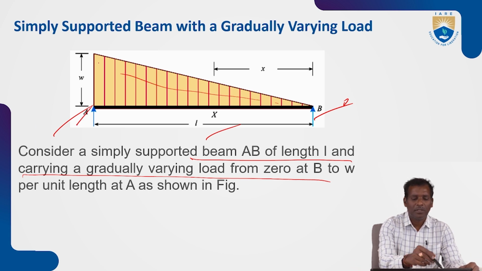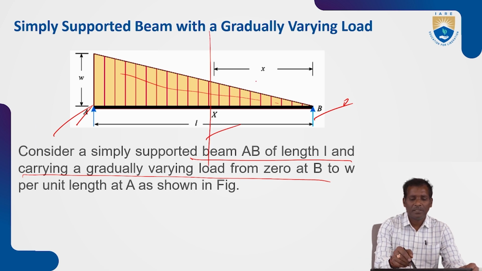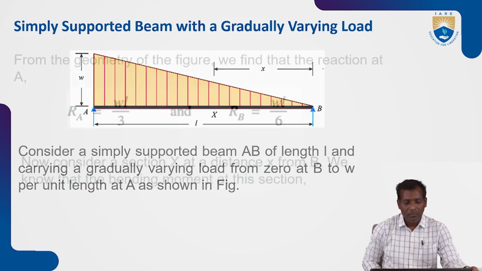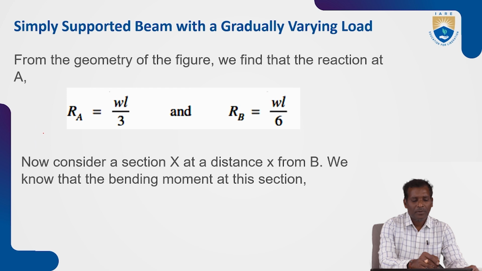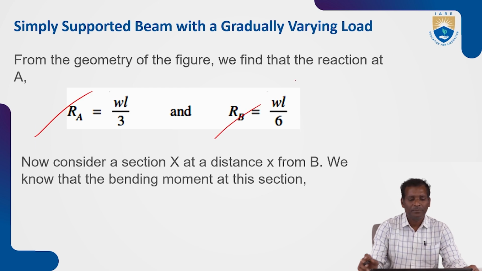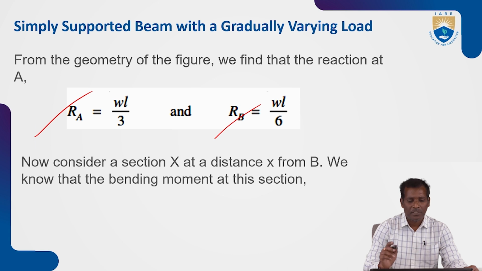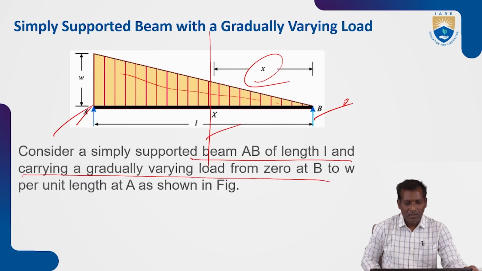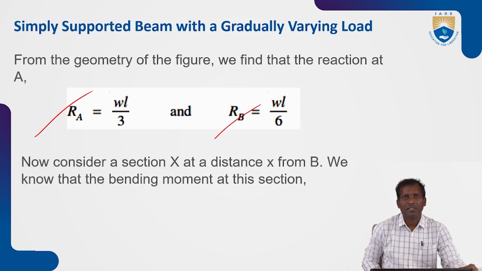So the load is gradually increased. Take a section at a distance x and find out the deflection and slope. From the geometry of the figure, first of all calculate RA and RB. RA is WL by 3 and RB is WL by 6.